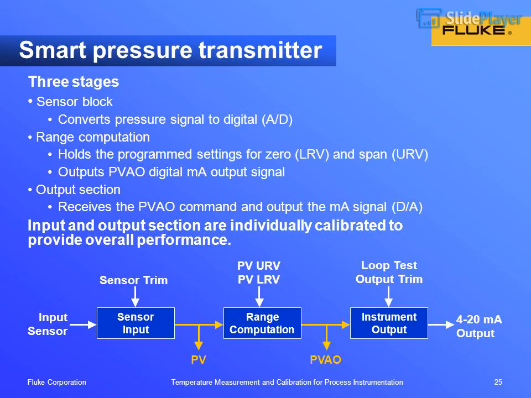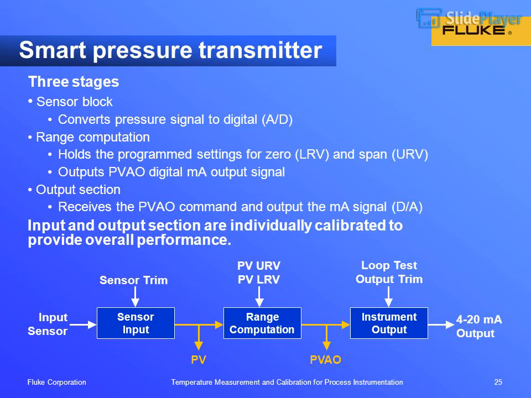Input and output sections are individually calibrated to provide overall performance: sensor trim for PV, URV and LRV, then loop test and output trim.